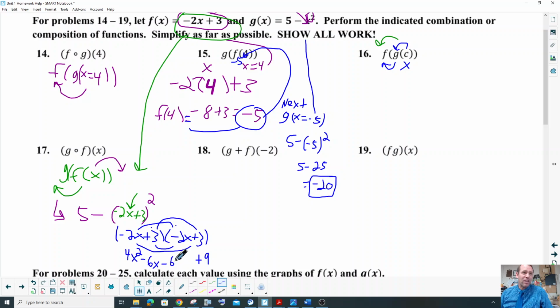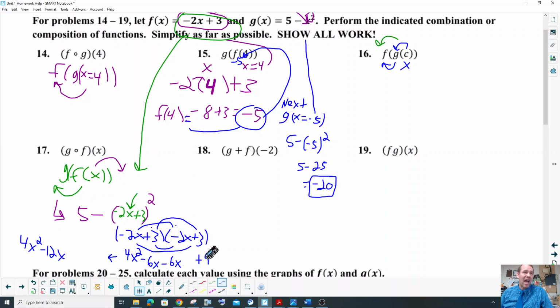And those can be combined together. So now we have 4x squared. What's negative 6x and negative 6x? That's right, it's negative 12x. Combine those together.